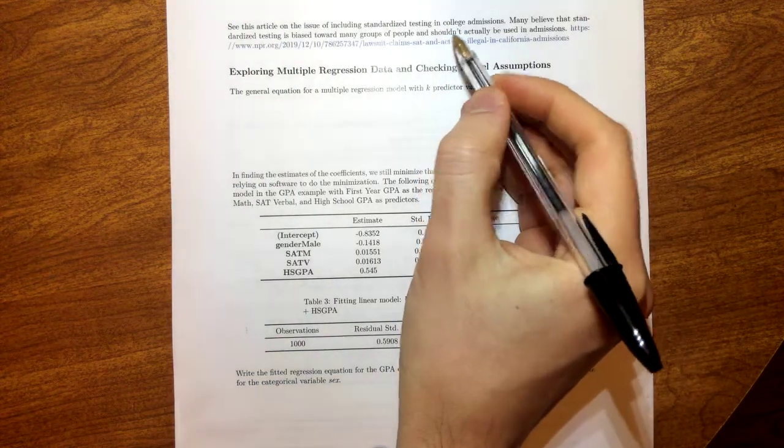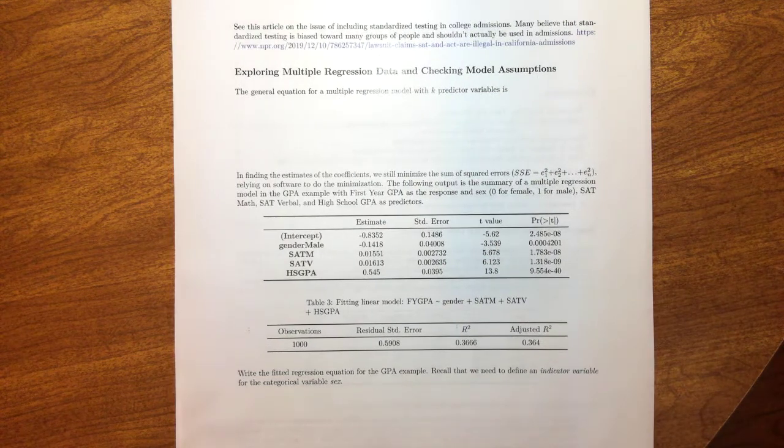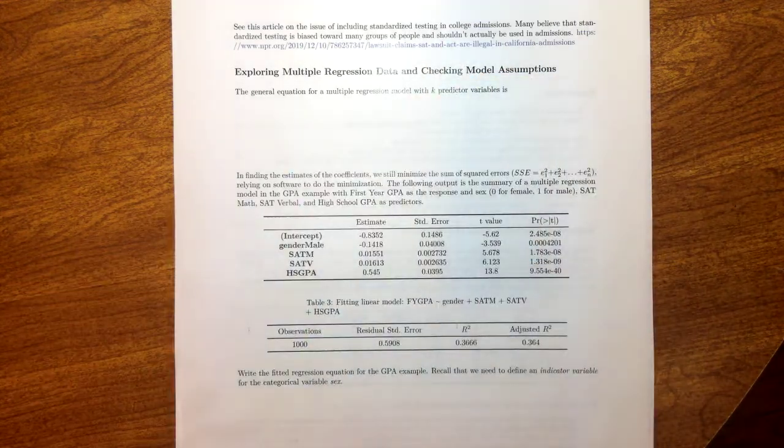It's interesting to see how this SAT GPA example actually shows up in a real setting. The argument is that the tests are biased and that they don't actually add anything more than a student's GPA. So we'll get into that in a bit.